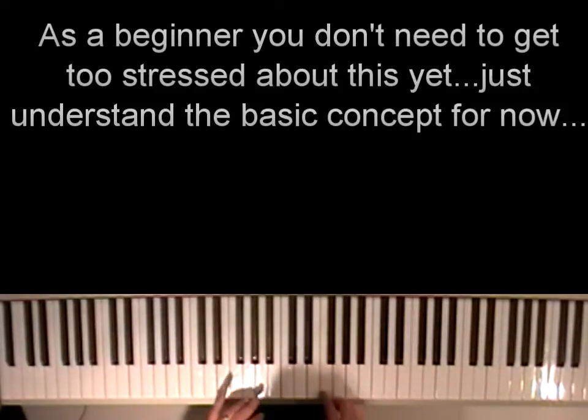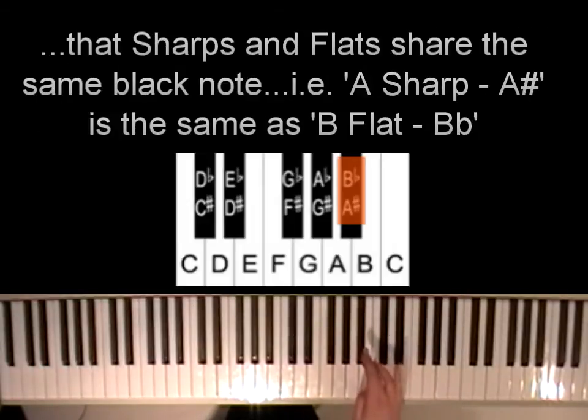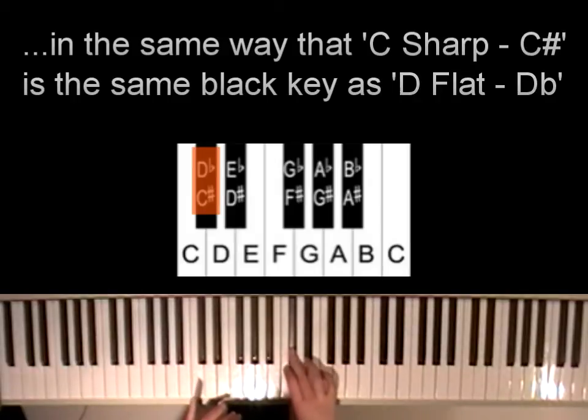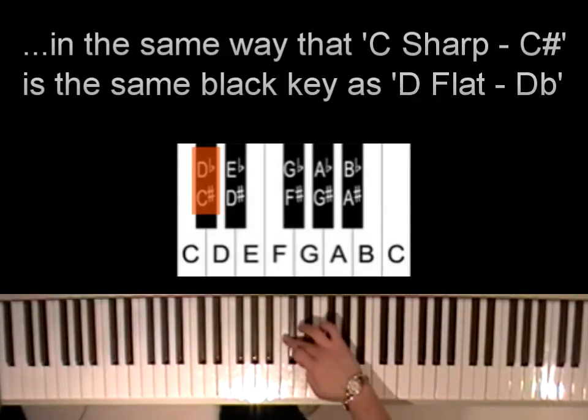So, for example, B flat will be the same as A sharp, but it just depends which key it's written in and which direction the note is going up the piano. Another example for you: C sharp is the same as D flat.